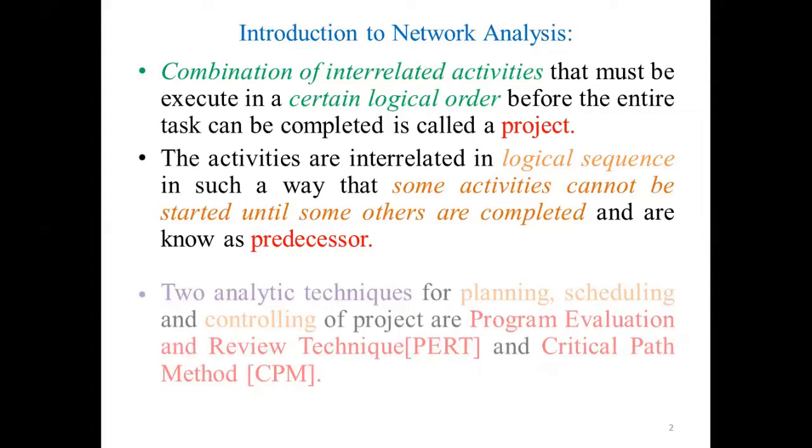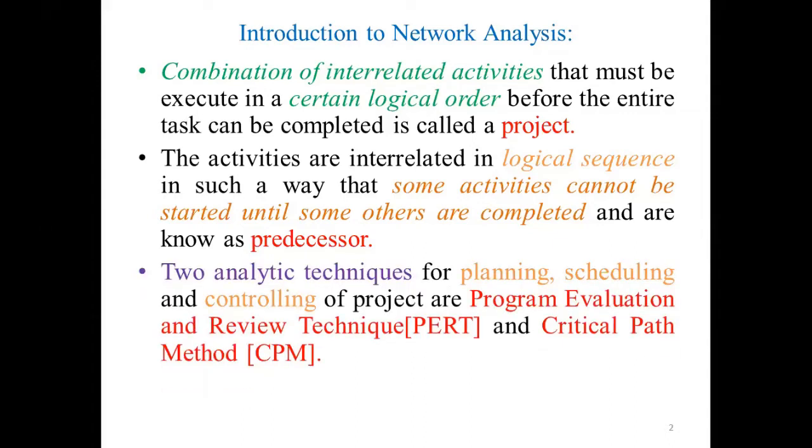Two analytical techniques for planning, scheduling, and controlling of a project are Program Evaluation and Review Technique, known as PERT, and Critical Path Method, denoted as CPM. These methods are basically network-oriented techniques using the same principle and are time-oriented methods.